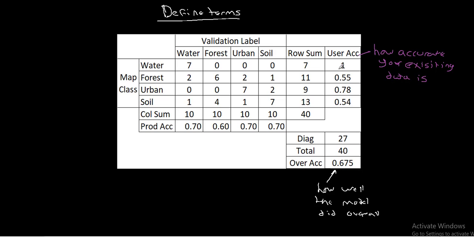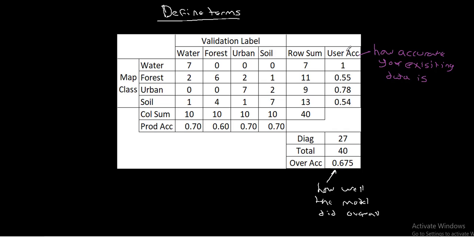Put another way, this is the likelihood that if you were to grab a water pixel off of your existing map, that water pixel on the map would actually be water. The reason this is called user's accuracy is because this is the metric that tells you how accurate your existing map is.